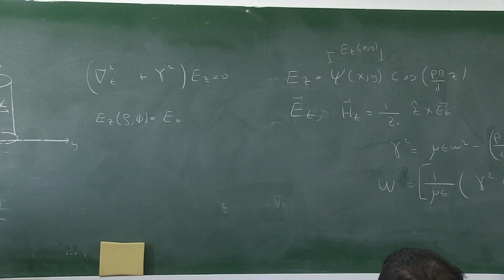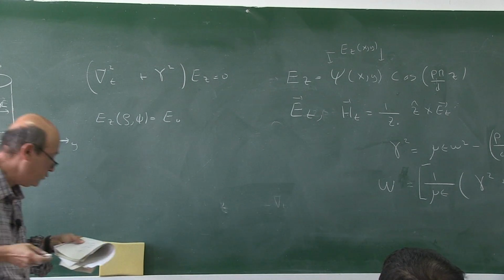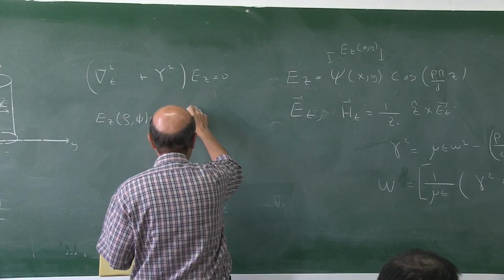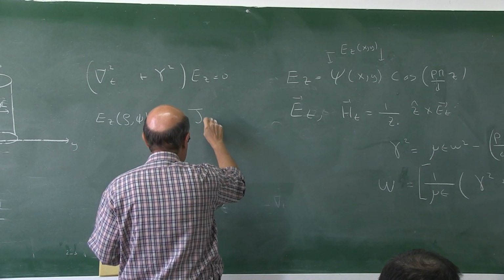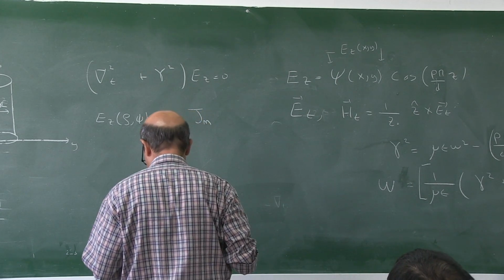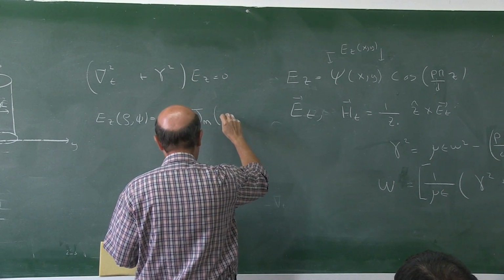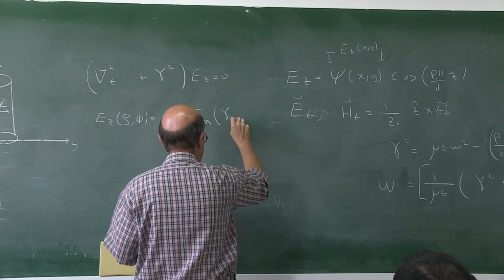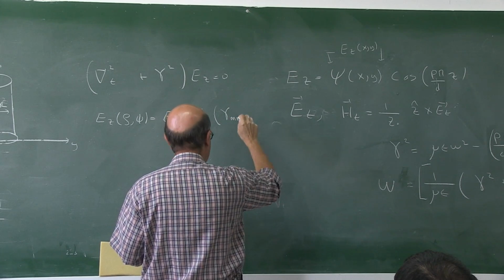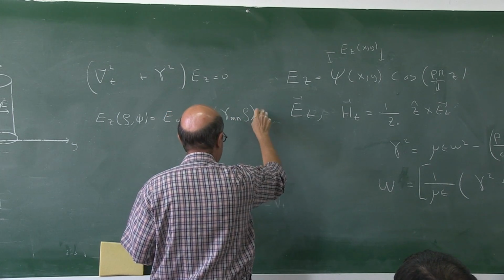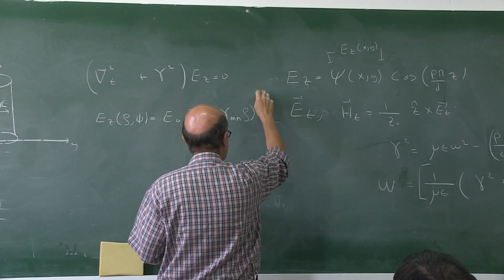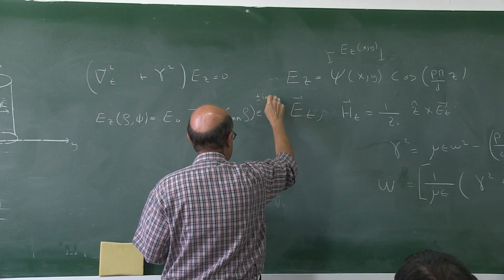Since it is cylindrical coordinates, they should be Bessel functions. So the Bessel functions have an order m and gamma mn rho, e to the plus minus i m phi.